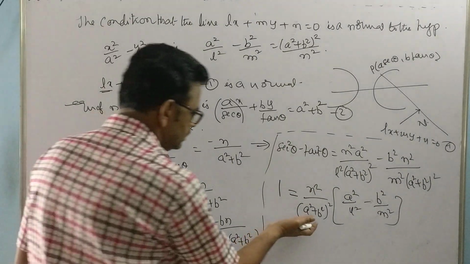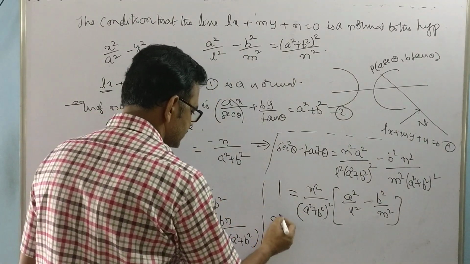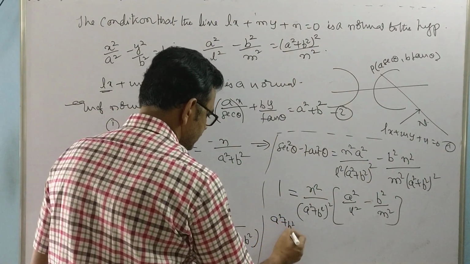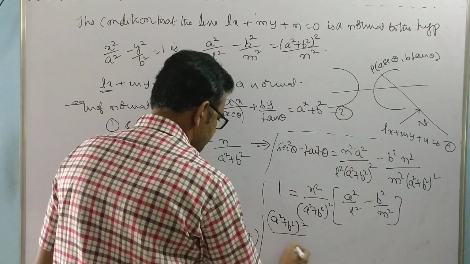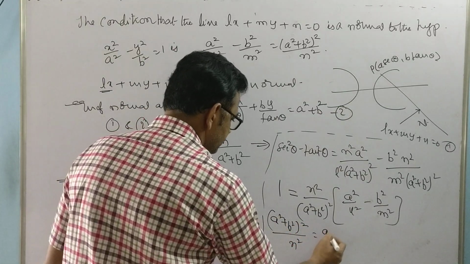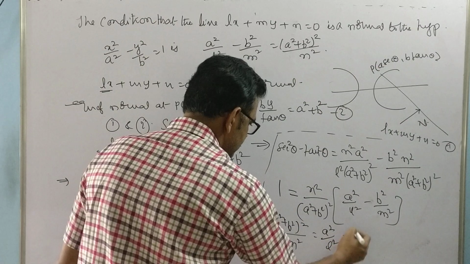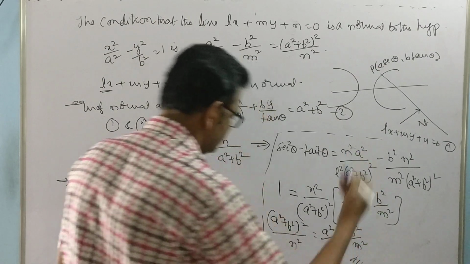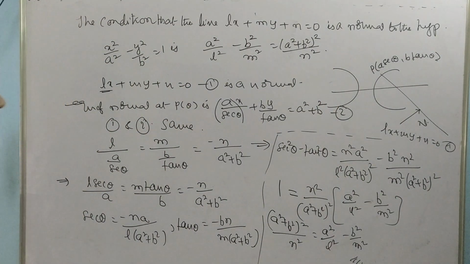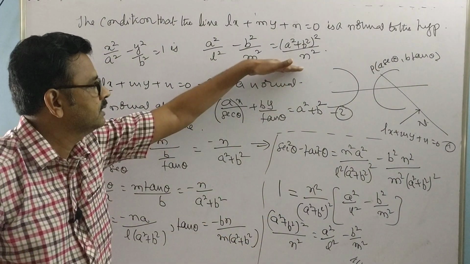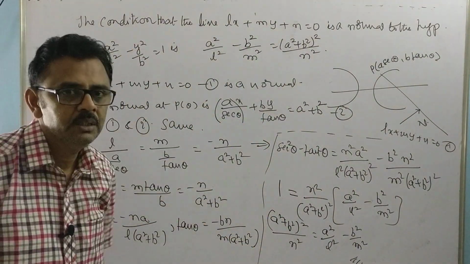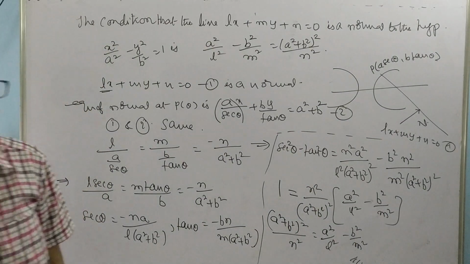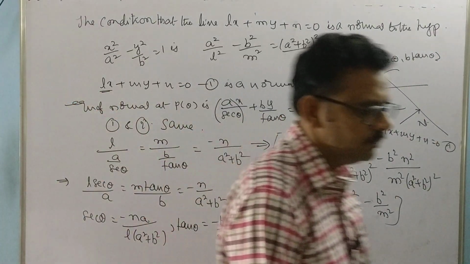So (a square plus b square) whole square by n square is equal to a square by L square minus b square by m square. This is the condition that the line Lx plus My plus n equal to 0 is a normal to the hyperbola.